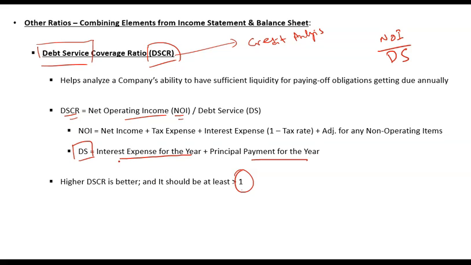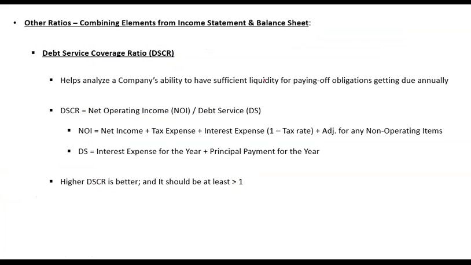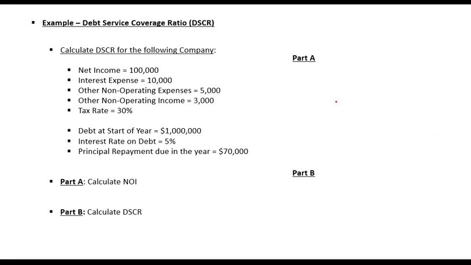So higher is better and should be at least 1. So remember the formula: net operating income divided by debt service. Debt service is interest expense plus principal payment, and net operating income is income before your taxes and interest.